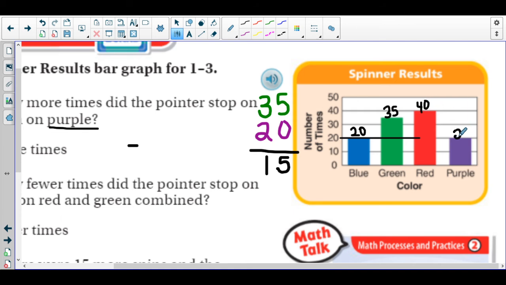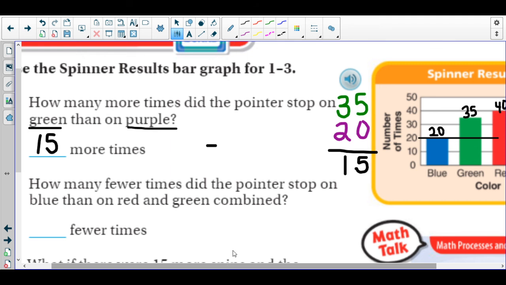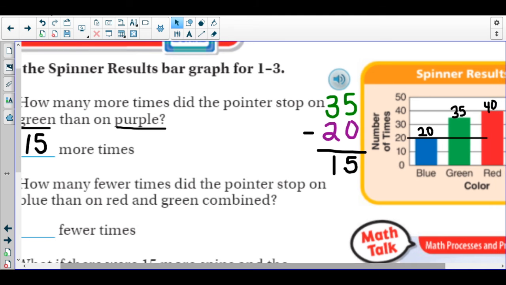Just makes it a little bit easier as you pull that data. So red and green combined. Back out of here just a tad.